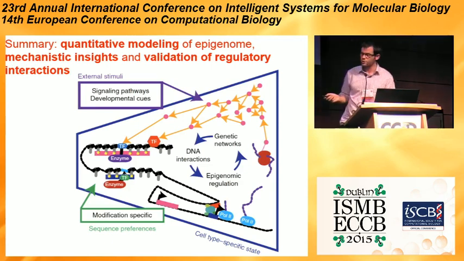And this little figure shows my idea for how cell type specific states are maintained by interplay between gene regulatory networks driving cell type specific epigenomic modification, leading to cell type specific patterns of gene expression. So you get this sort of loop of reinforcement.